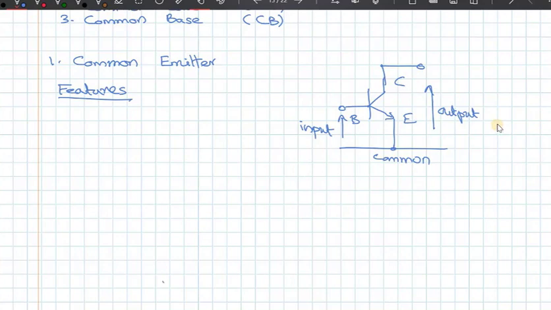So we could say moderate to high input impedance. It's about 1 kilo ohm, which is not really high, but moderate.